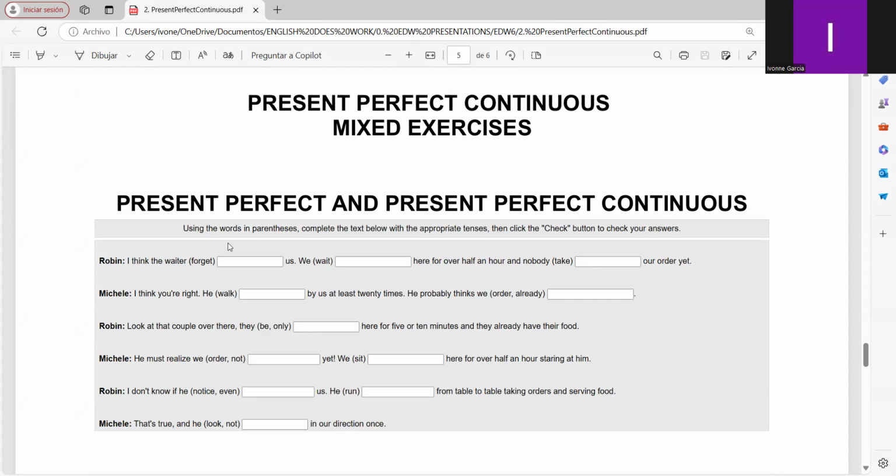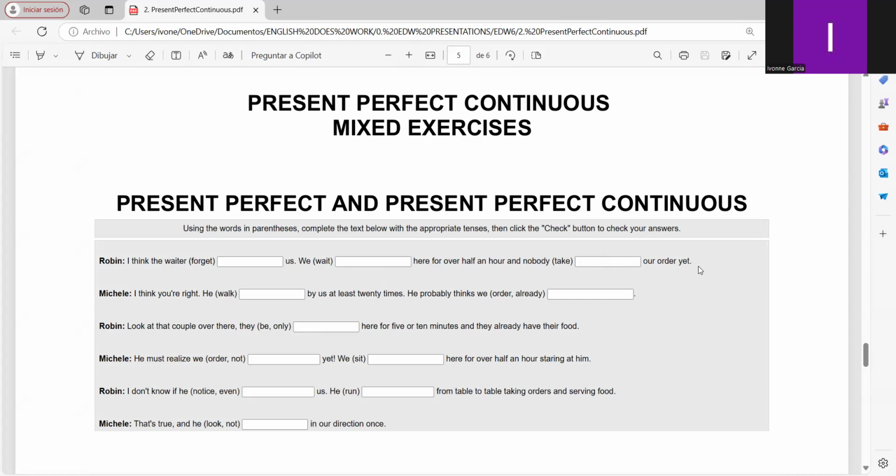Then we have you are right. Here we need the present perfect continuous. We have been waiting here for over half an hour and nobody has taken our order yet.